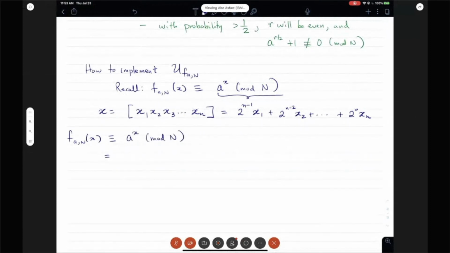That's a to the, so x is 2 to the power of n minus 1, x1, 2 to the power of n minus 2, x2, 2 to the power of n minus 3, x3, going all the way down to 2 to the power of 0, xn. Okay?